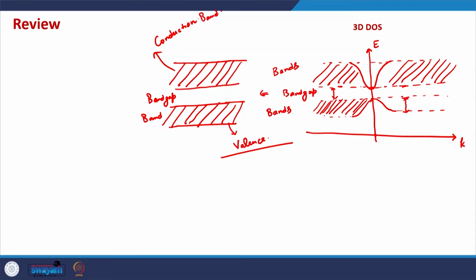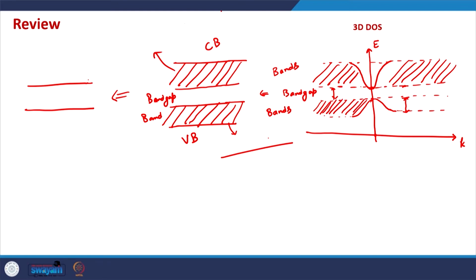Briefly, they are written as VB and CB. So the highest occupied band is the valence band and the lowest unoccupied band is the conduction band. And generally we just plot the top of the valence band and the bottom of the conduction band.